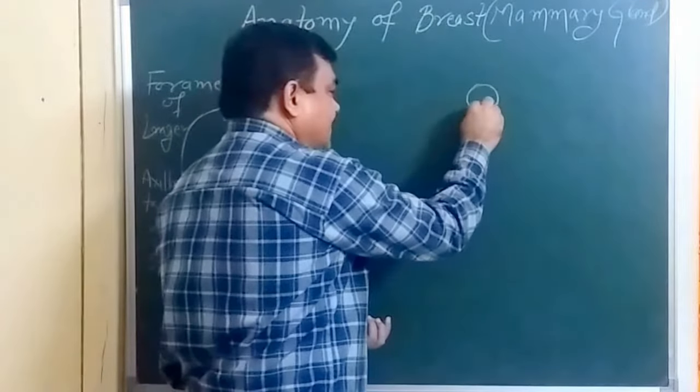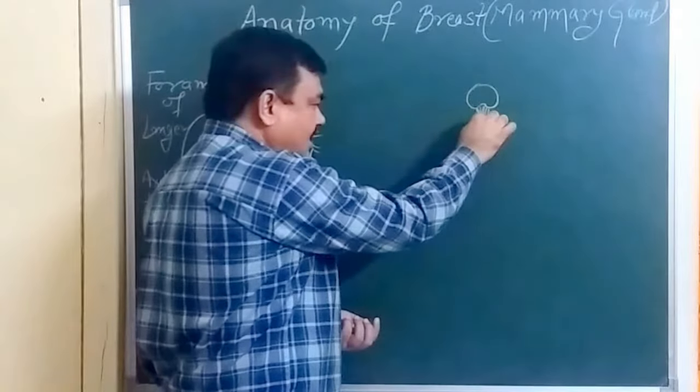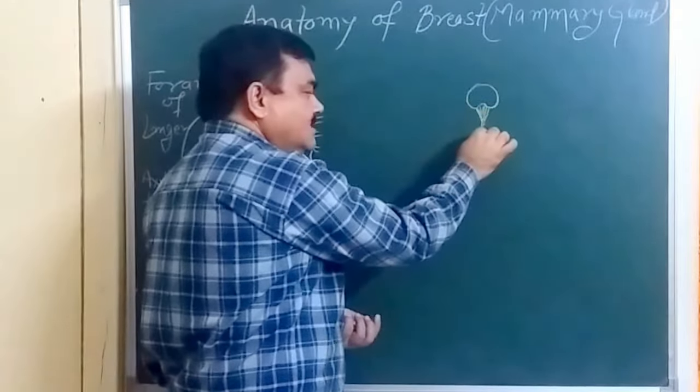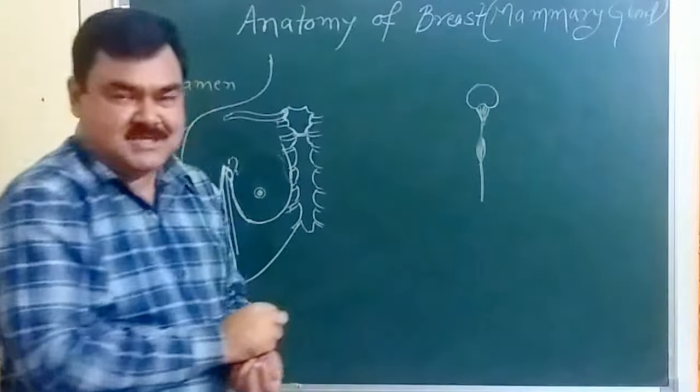These two muscles are covered by the clavipectoral fascia. It covers the subclavius and pectoralis minor muscles, and here it becomes the suspensory ligament.